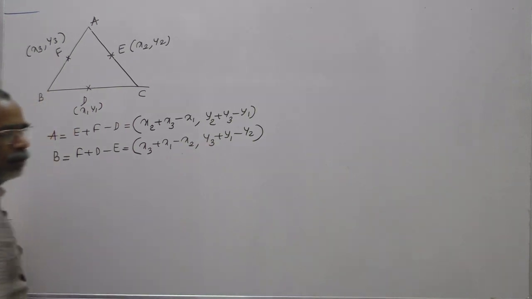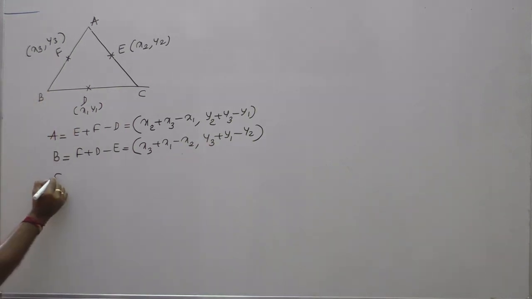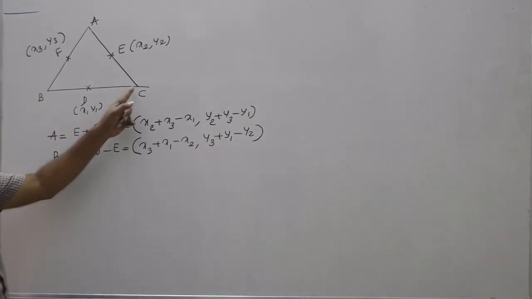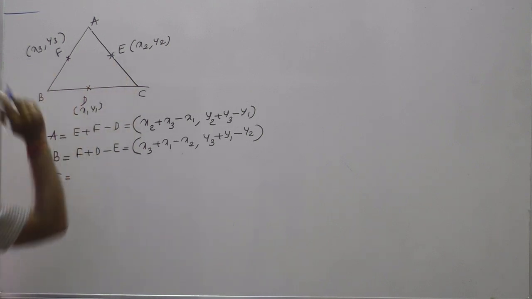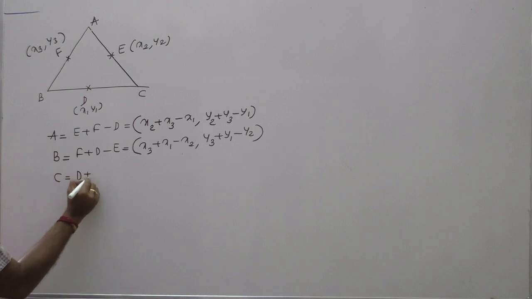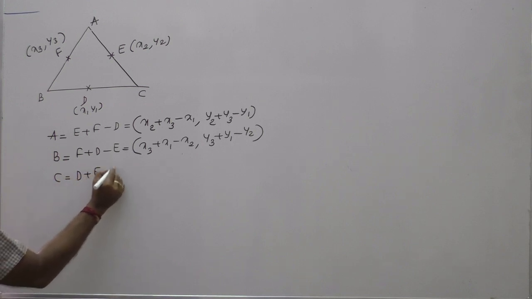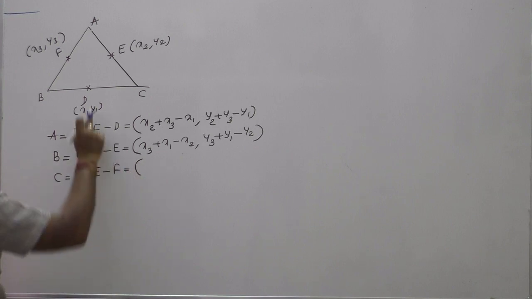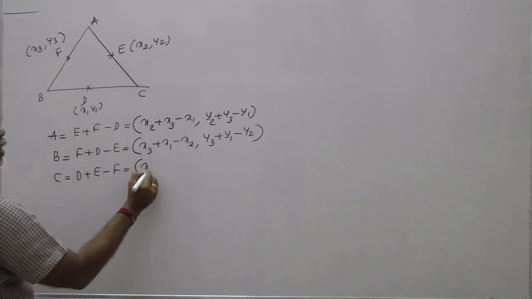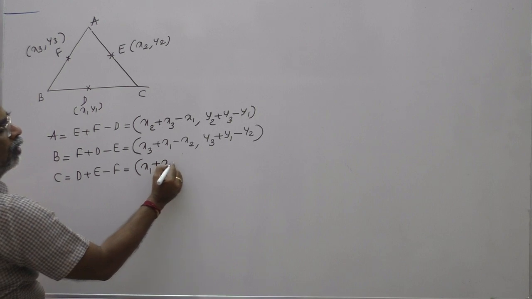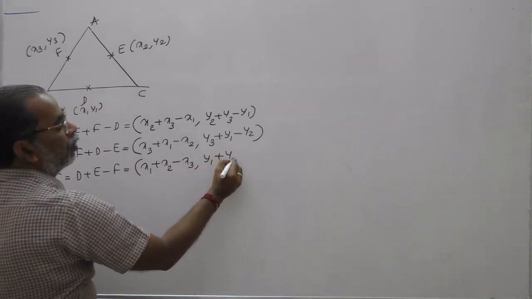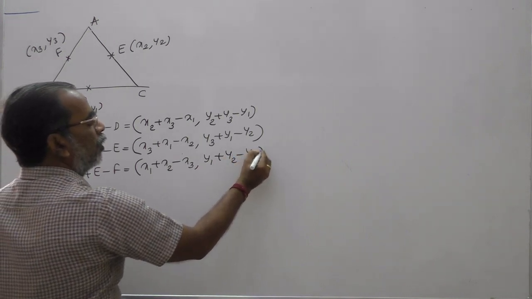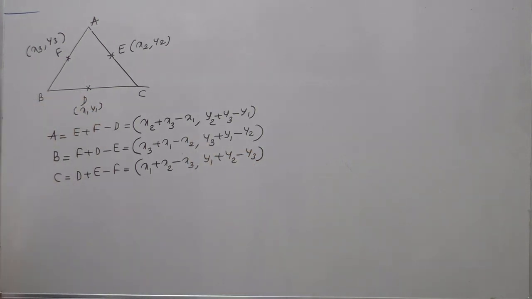This is vertex B. And obviously the same for the third vertex C. C is opposite to F. Therefore, sum of these two minus this. The property is D plus E minus F. What is D plus E? x1 plus x2 minus x3 and y1 plus y2 minus y3. This is the way of finding vertices when midpoints are given.